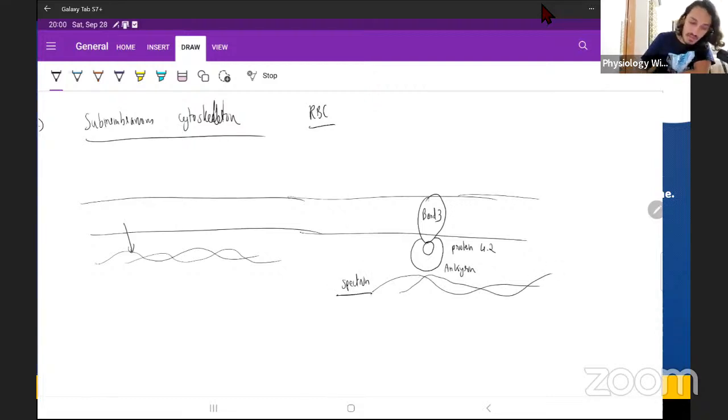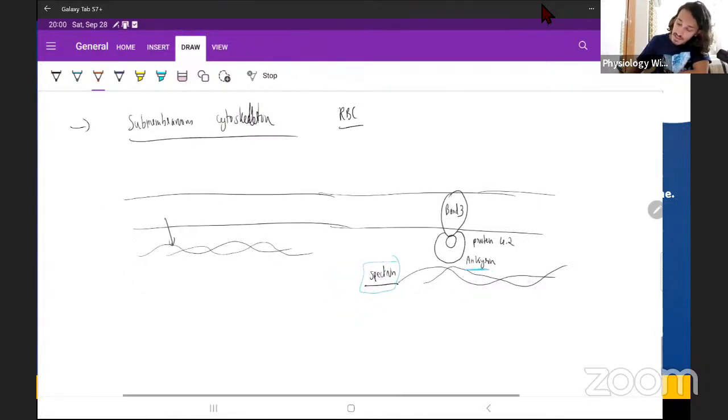Please remember this. Spectrin, ankyrin, band 3. At your level, that much is enough. For those of you who want a little more, there are also actin structures here, attached to another glycophorin and all.